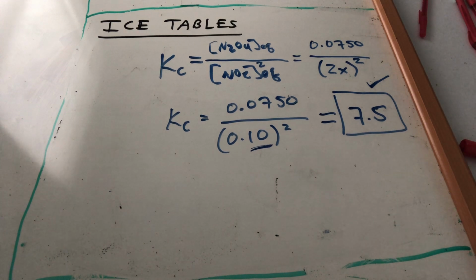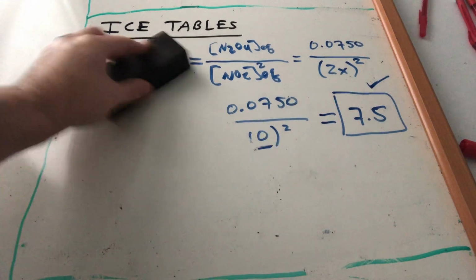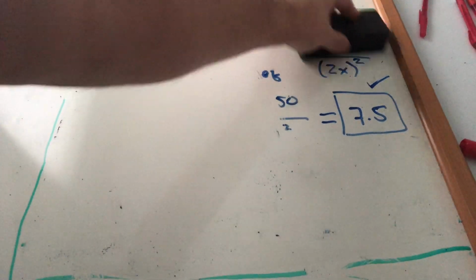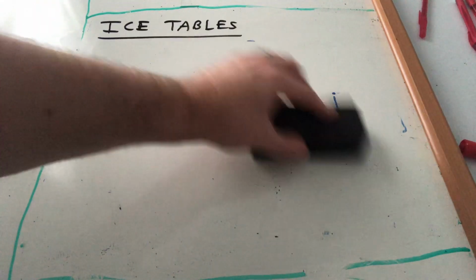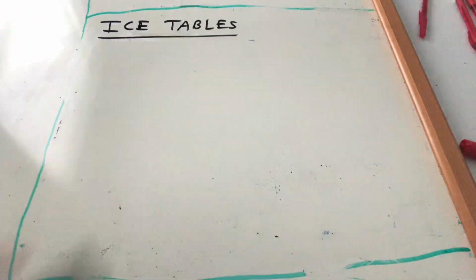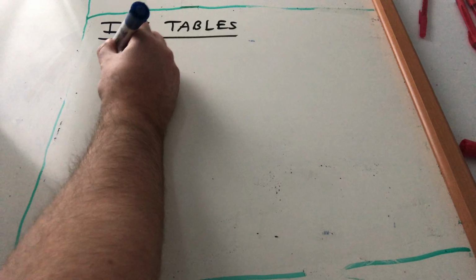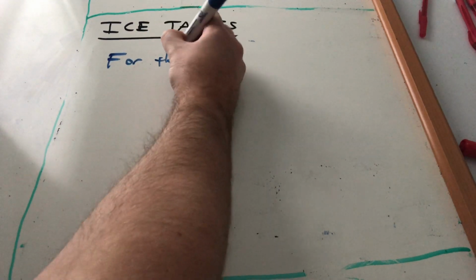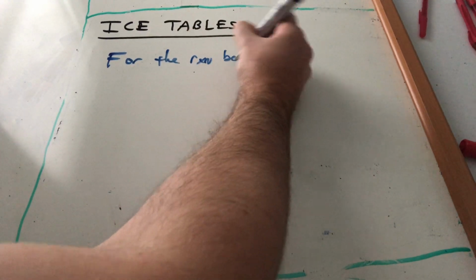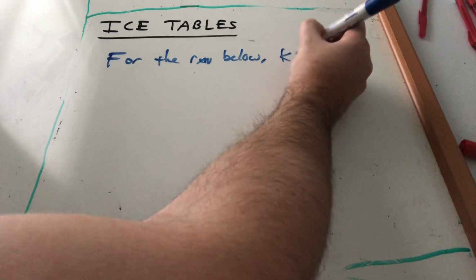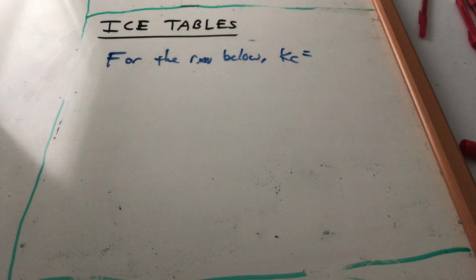Let's do another example together from the beginning and try to just analyze. This is actually a simple example, but again, I'm going to show you how we can organize our thoughts with an ICE table. So for the reaction below, Kc is 55.